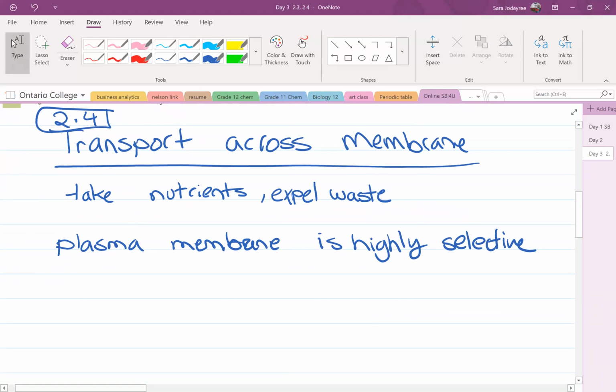It must be able to recognize foreign substances that are harmful and block their passage, expelling the toxic products. To further complicate matters, some molecules cannot be stopped by the plasma membrane. They enter and exit regardless of whether it is desirable for the cell. When this happens, the cell must withstand the consequences.